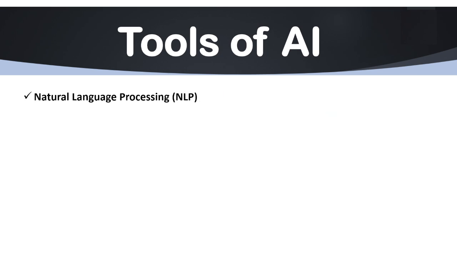Now let's talk about the second application of AI tools, that is computer vision. AI tools in computer vision include OpenCV and Google Vision AI, and enable machines to analyze and interpret visual data.